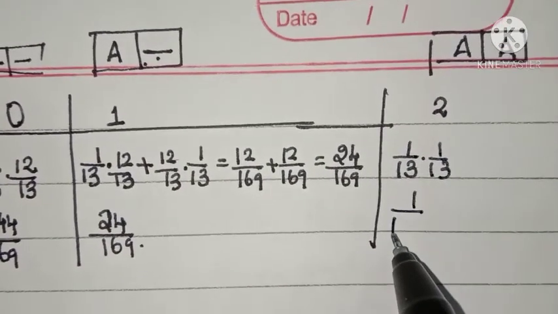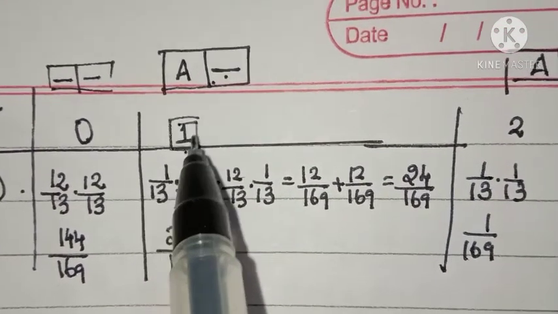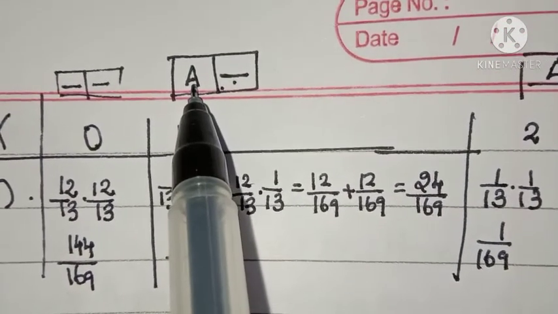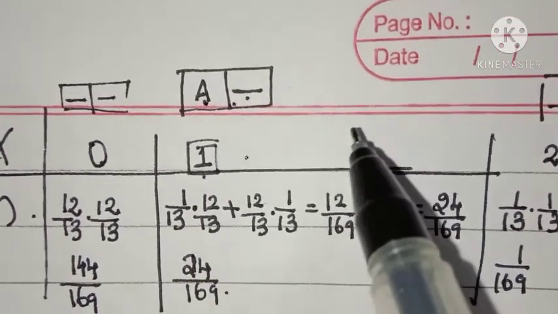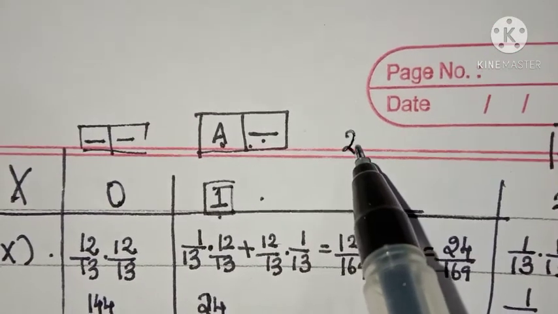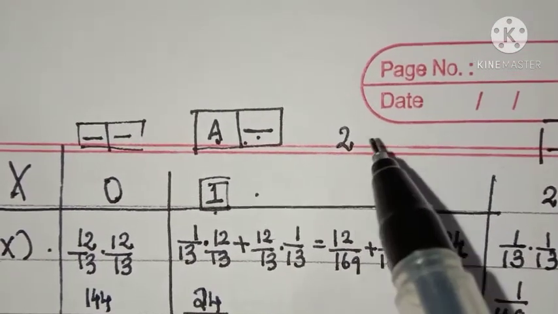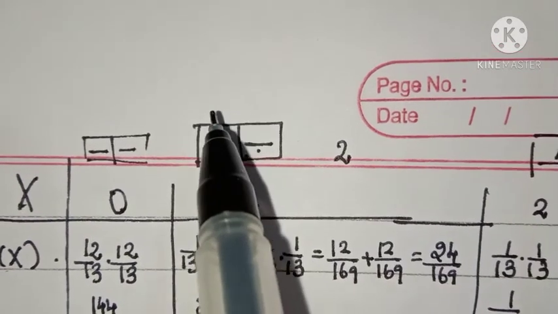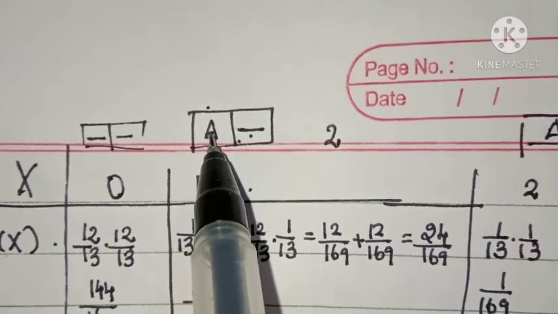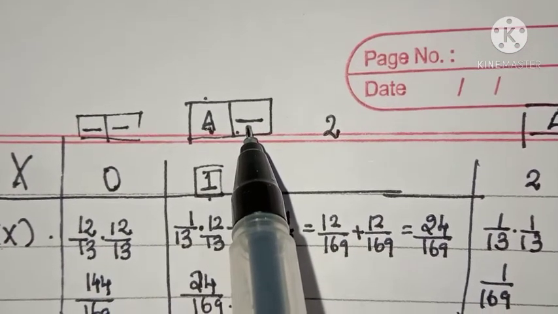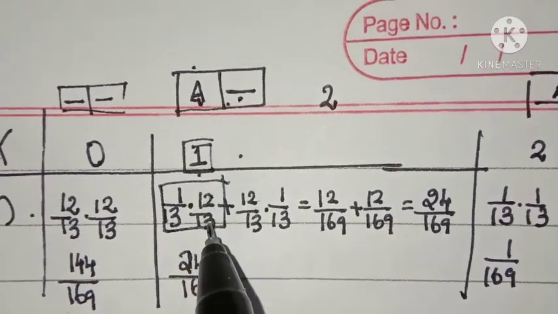So that is 1 by 169. In the case of selecting two cards, we are drawing twice, taking cards twice. In one case the first card is an ace card and the second card is not an ace card, so that's why we put 1 by 13 into 12 by 13.